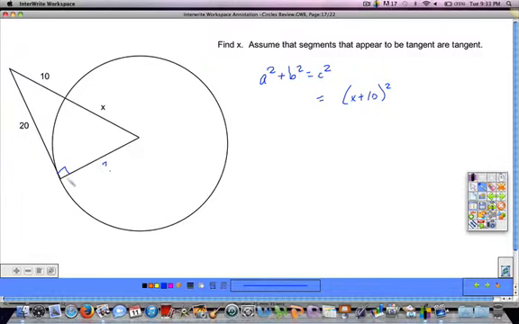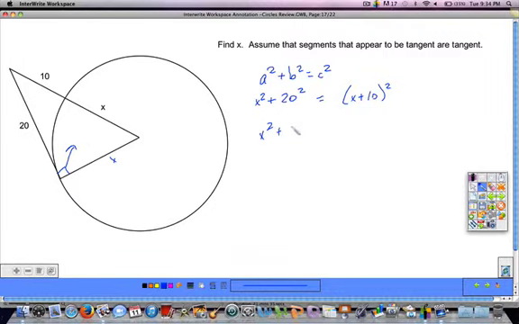Isn't this a radius? So is this, right? That's a radius. So that must be x as well. Okay, that is also x. So now we know what we're doing. Now we have x squared plus 20 squared equals c squared. Remember, that's c, your longest side, and always opposite the 90-degree angle.